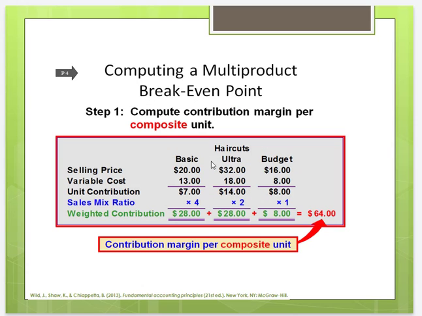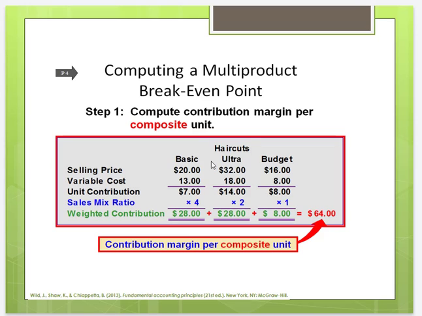Now we're going to compute our contribution margin per composite unit. We're simply going to take the unit contribution margin times the sales mix ratio. So we can see, for example, for basic, we take the $7 times the 4 to get $28.